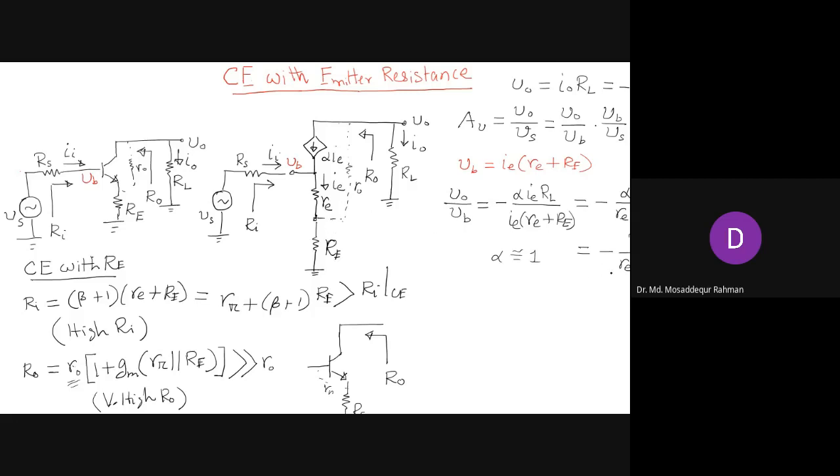So for the sake of convenience, we can write this like this: minus the resistance in collector divided by the resistance in emitter.